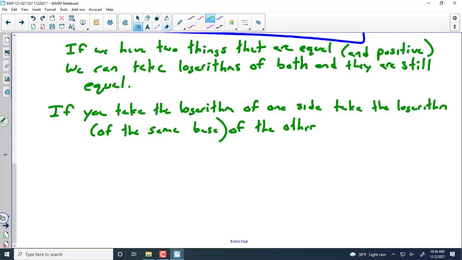If you take the logarithm of one side, take the logarithm of the same base of the other. That is a valid thing to do now. All right. Let me show you why that might be helpful.